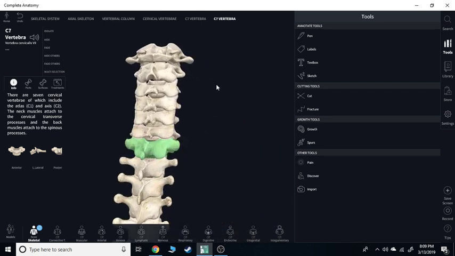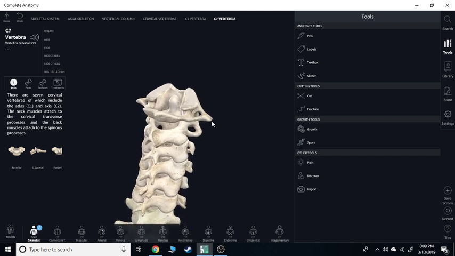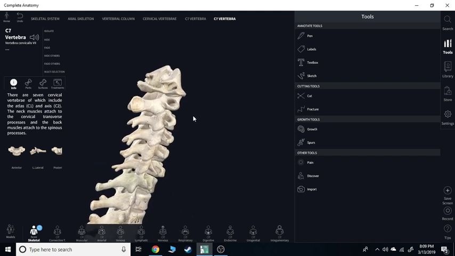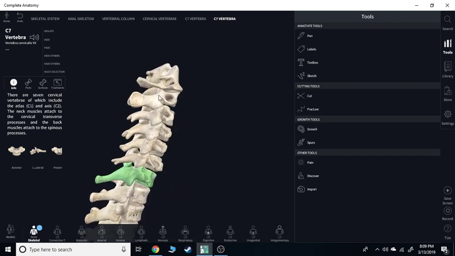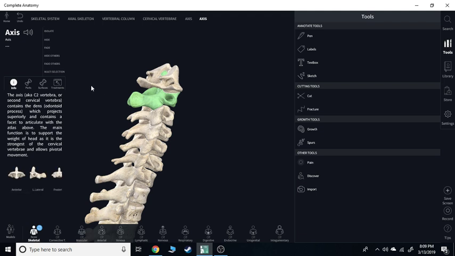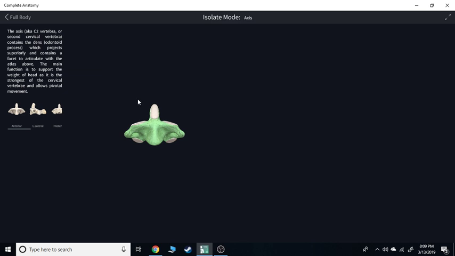Now, looking at the vertebrae, they all have similar structures. So we will isolate C2 and take a look. Now there are different parts to each vertebrae.